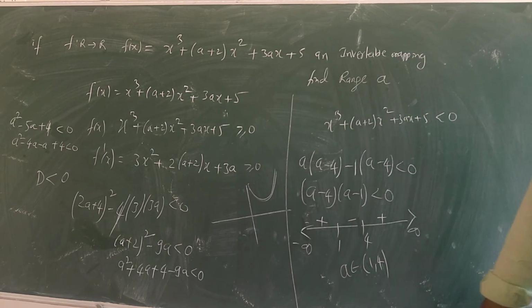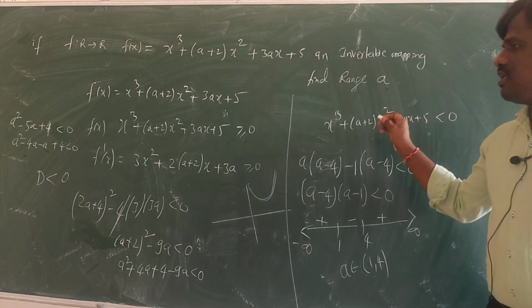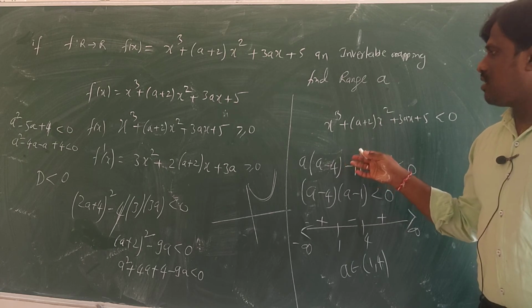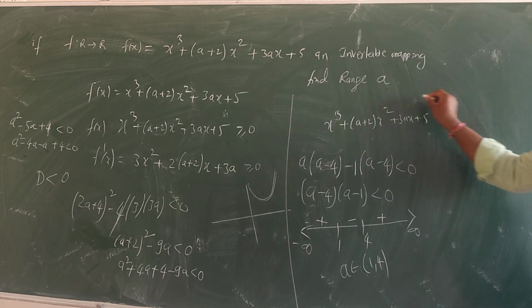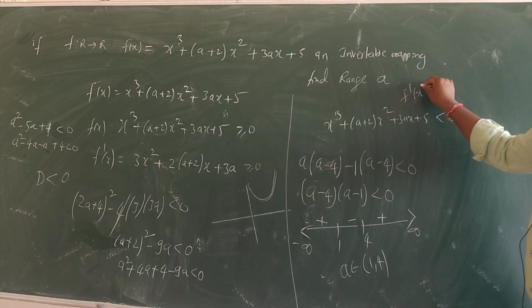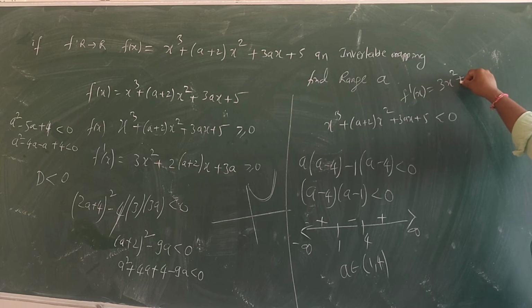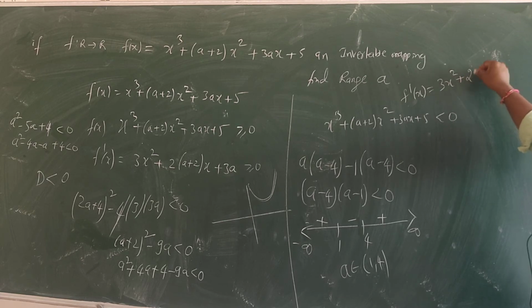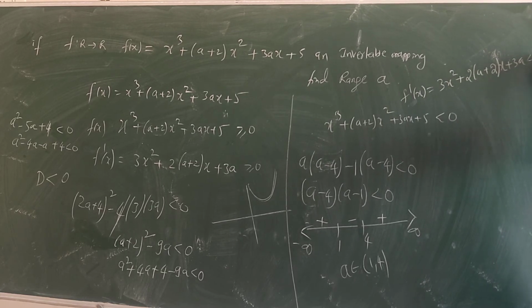Suppose I take f dash of x less than 0. Okay, if I take f dash of x, what do I get here? 3x square plus 2 into a plus 2 into x plus 3a less than 0.